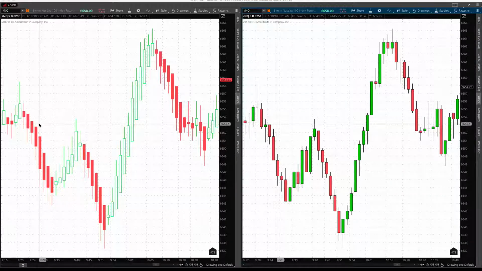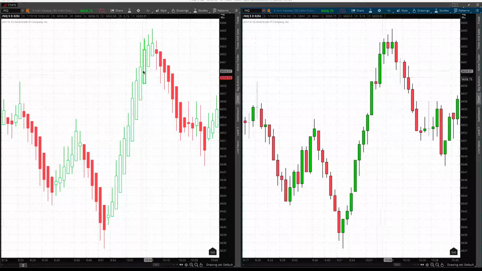Now, the way these are calculated is, and obviously you don't really have to know how they're calculated, your platform's going to do that for you, but it's very useful to have an idea of what's going on with these charts. It kind of gives you a little bit more of an intuitive sense to know this.